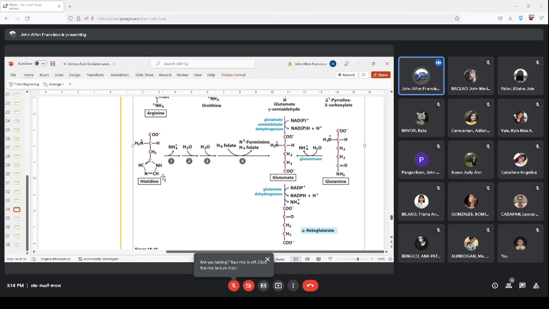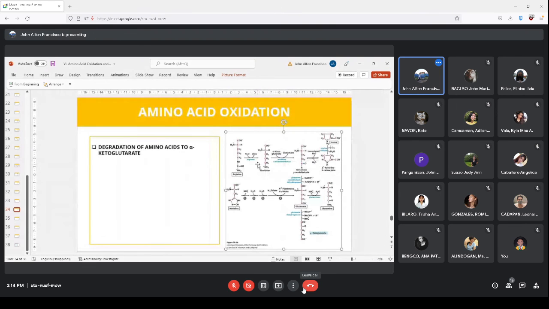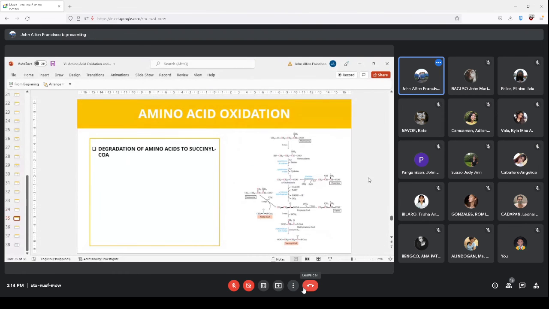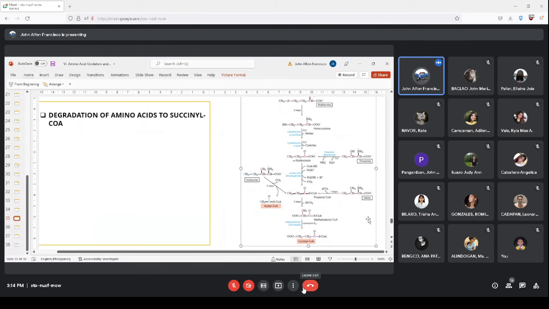Okay? So these carbons are what remain in order for you to have your glutamate. So this part is removed.